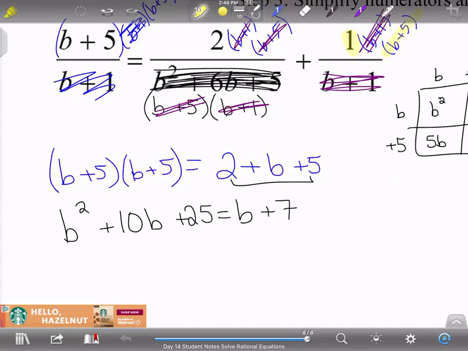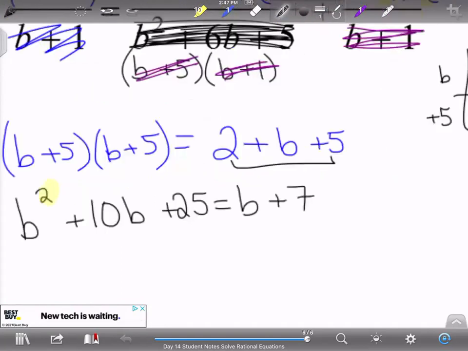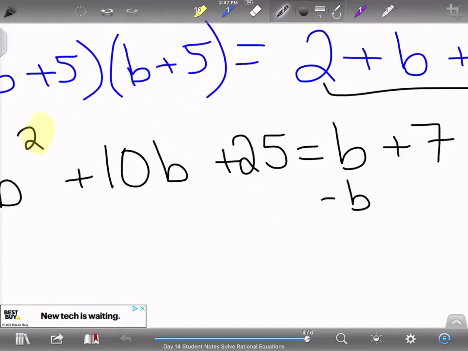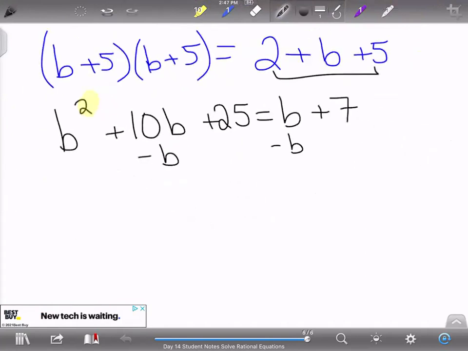Since the first term over here on the left-hand side has a squared, an exponent of 2, I know this has to be quadratic. Since this is quadratic, I want to move everything to one side so that I can factor. So I'm going to subtract b from both sides.